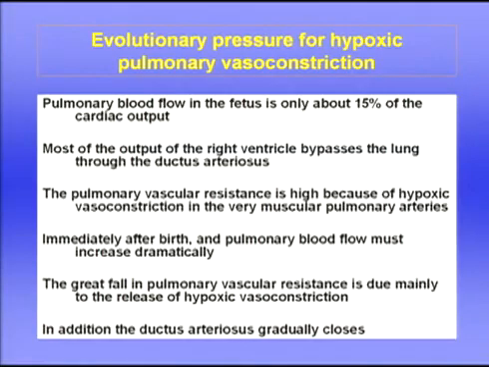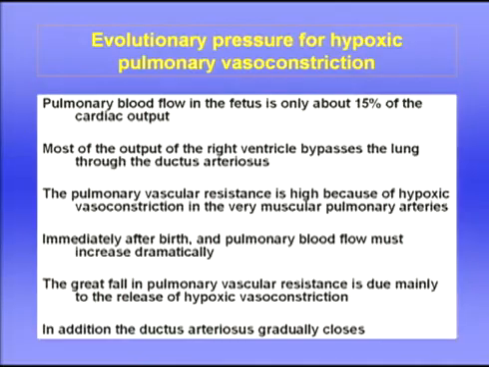Why? Because, of course, the lung is not responsible for gas exchange. Gas exchange is occurring through the placenta. The only reason for giving blood to the lung is for nutrition and growth and so on. So it only needs about 15% of the cardiac output. Most of the output of the right ventricle, which would normally go to the lung, bypasses the lung through a vessel called the ductus arteriosus that joins the pulmonary artery to the aorta.